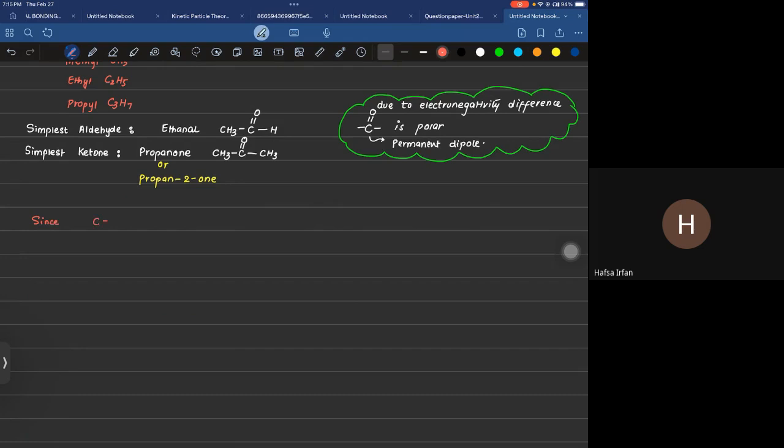Since it's going to have partial negative and partial positive charge, polar nature, a nucleophile can attack easily.